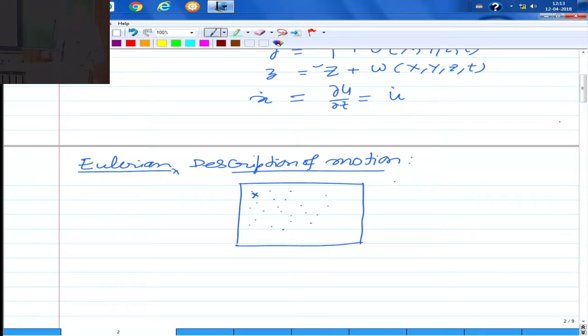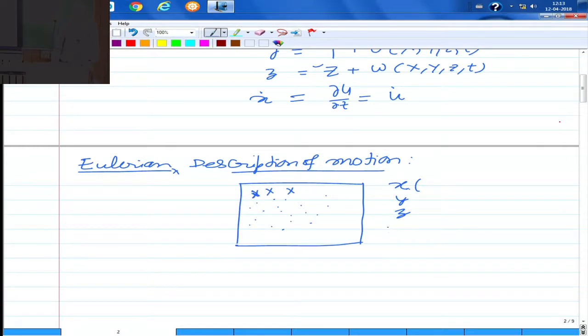So at any time t, we write the coordinates x, y, z, which are the current coordinates, and then I describe any other quantity.